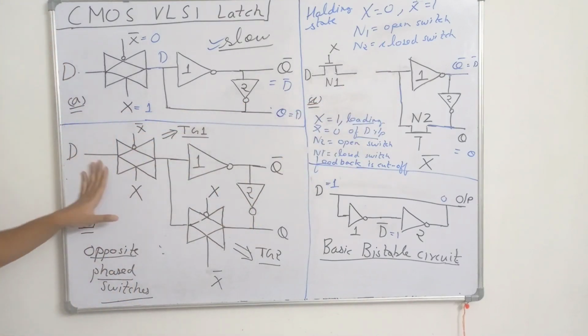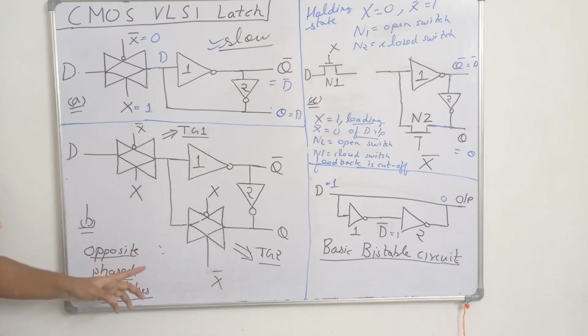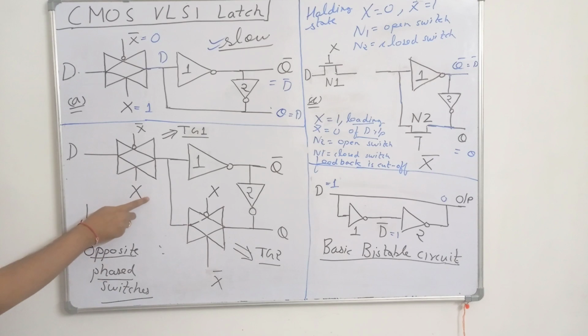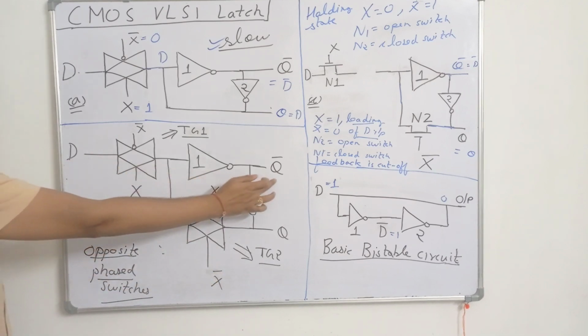Here also the concept remains exactly the same. When x equal to 1, this TG2 will be an open switch. So again, D input will be loaded to the output.